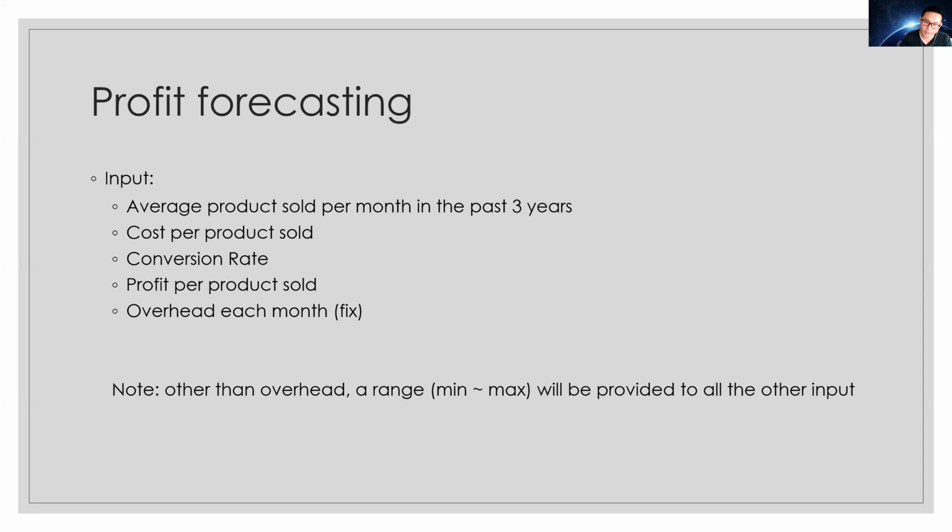Other than the overhead, all the other inputs, like profit per product, conversion rate, and cost per product sold, will be provided as a range, with a nominal (mean) value and a max value. The actual value will be a random value within the range. The overhead each month will be fixed, taking the average overhead for the past 3 years.